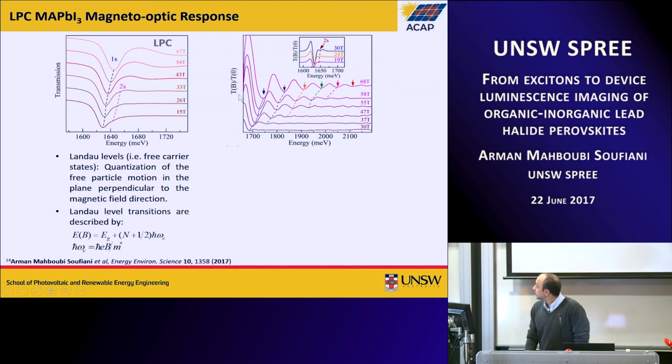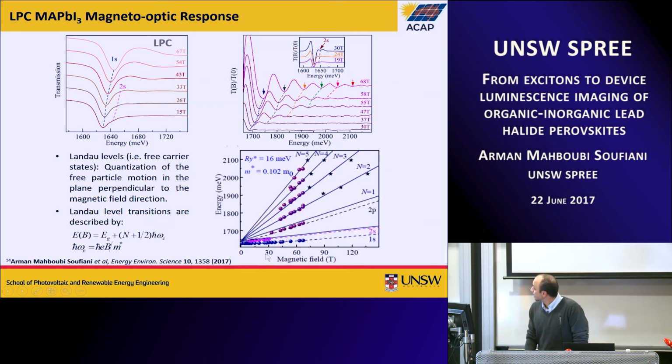Okay, if we plot these transition energies as a function of magnetic field, all these Landau levels which happen at high energies, and you fit it, independent of the exciton binding energy and independent of the excitonic transition states, you can extract the reduced mass, because reduced mass and the band gap are the only free parameters. You fit it, you extract the reduced mass. And it's this one. This is for the large polycrystalline.